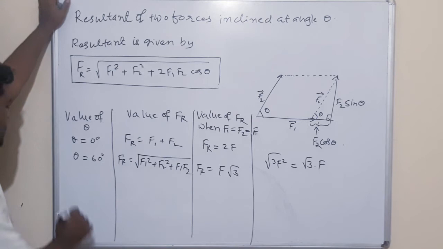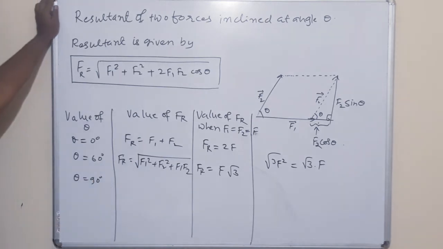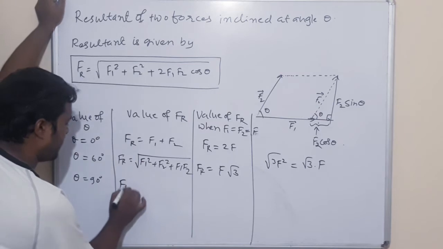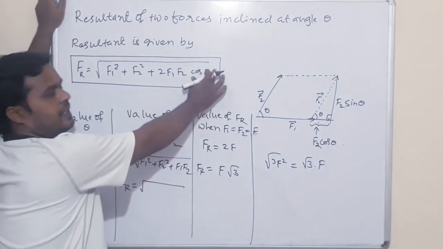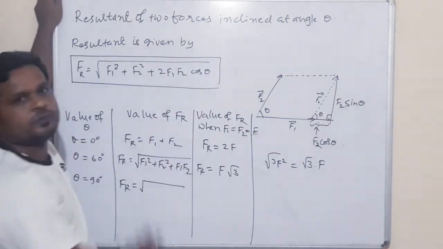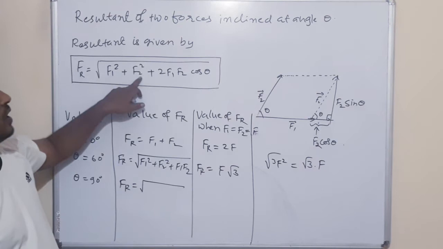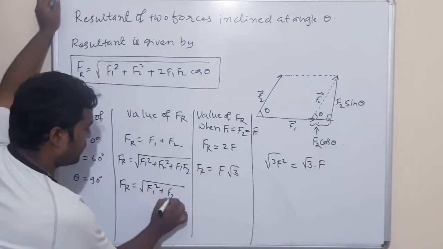Okay, followed? If theta is equal to 90 degree, then the resultant will be equal to root of, cos 90 is 0. This term completely becomes 0. That means we get only F1 square plus F2 square.